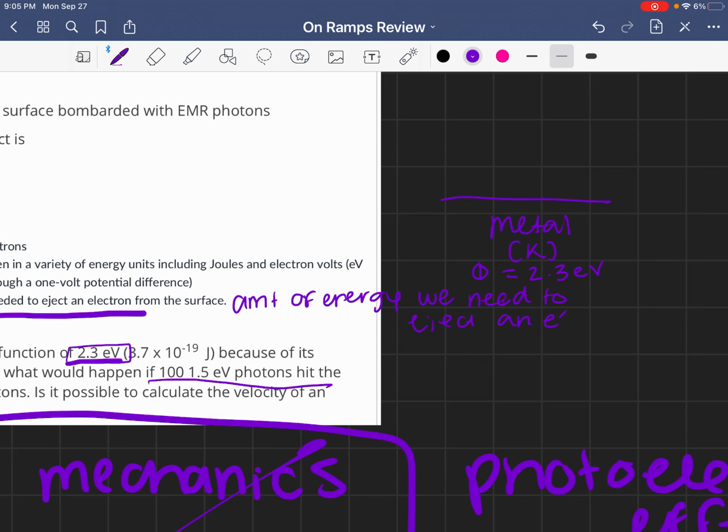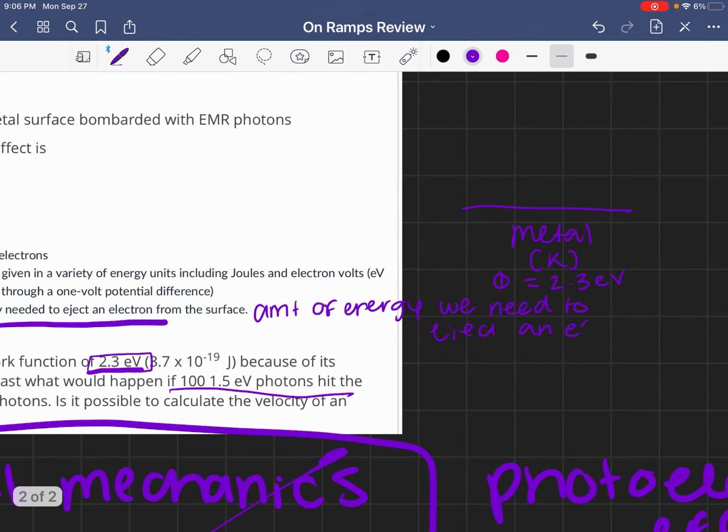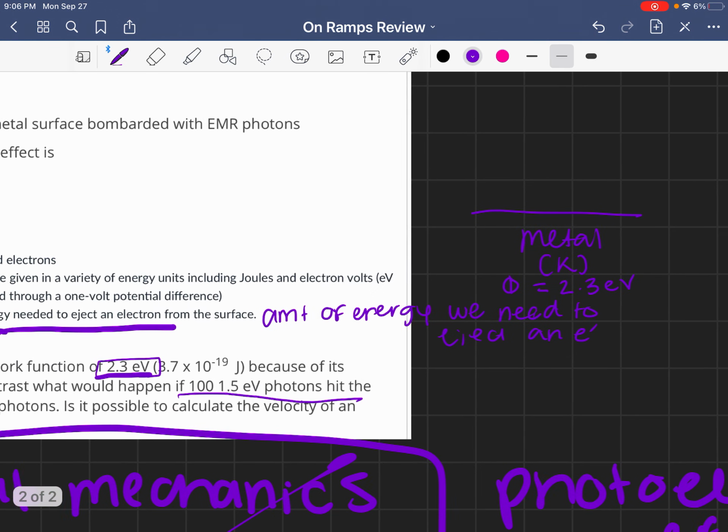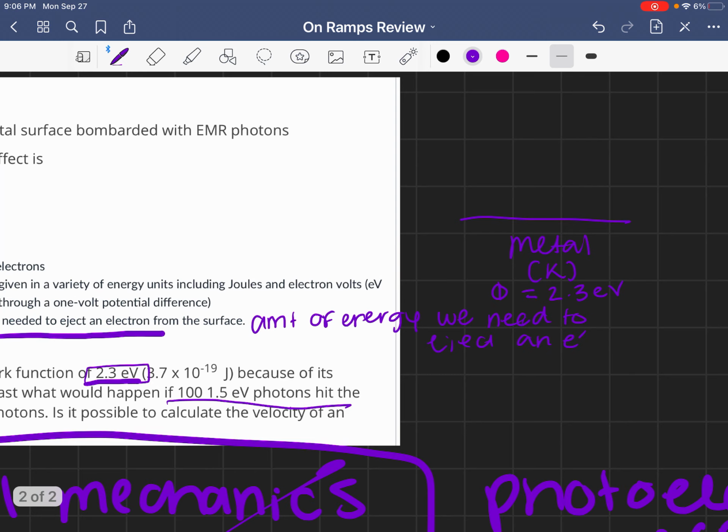We need 2.3 or greater to eject an electron. The photon needs to have an energy of 2.3 or greater to eject an electron from the potassium surface, from the metal surface. So it says what would happen if we have 100 1.5 eV photons hitting the surface.